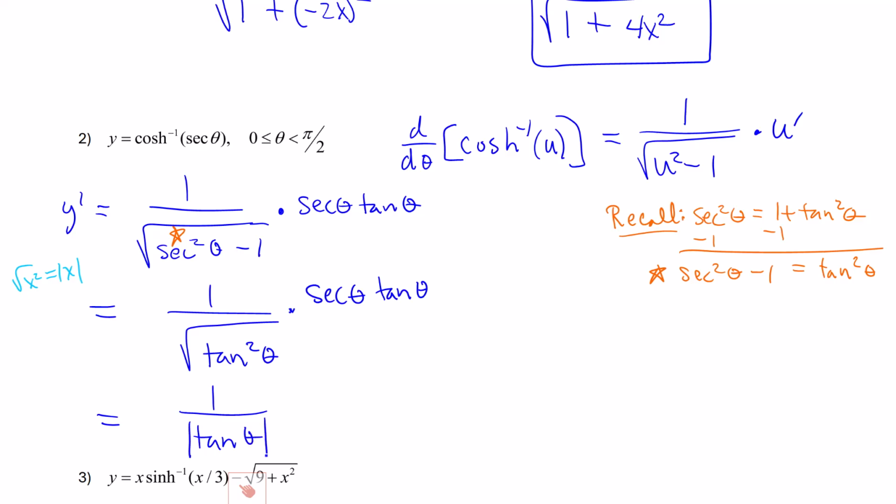But this takes us back to the original restriction we had, which is that theta was originally given between 0 and pi over 2, that is greater than or equal to 0, but less than pi over 2. So if you think of where tangent is in that zone, let me just remind us here. We draw just a quick sketch for tangent of theta. I'll make it tan theta, a variable we're using here.